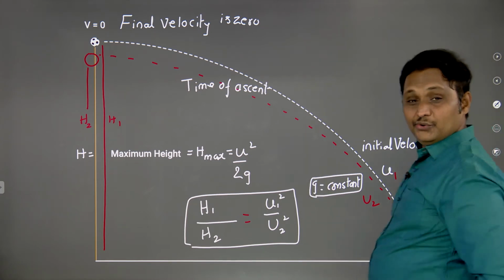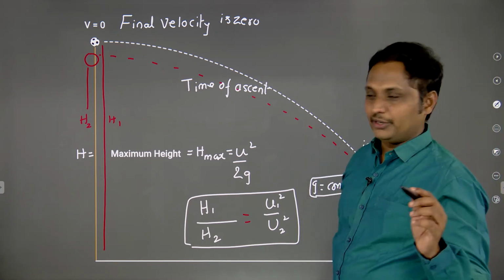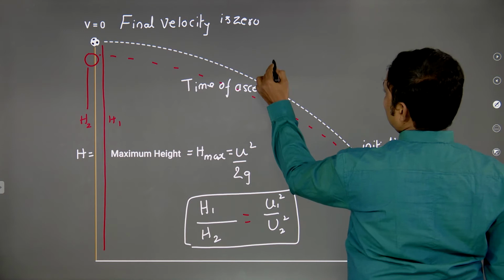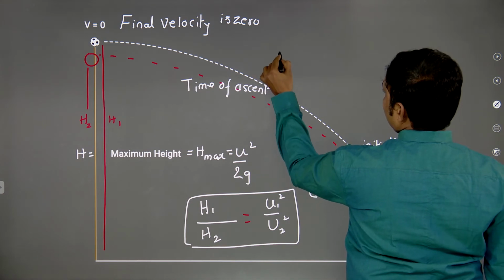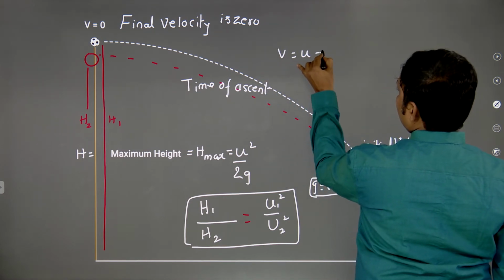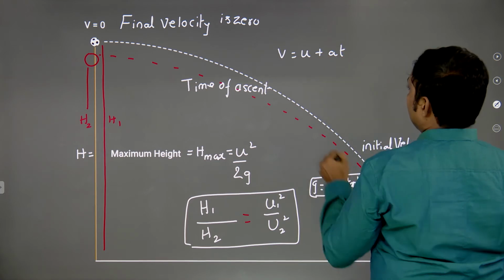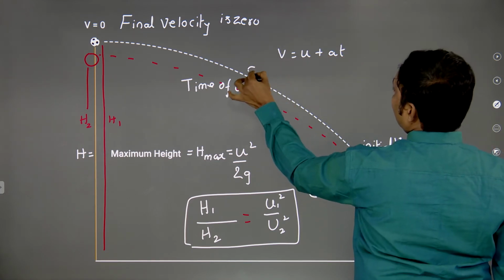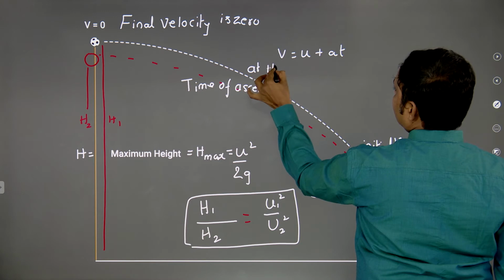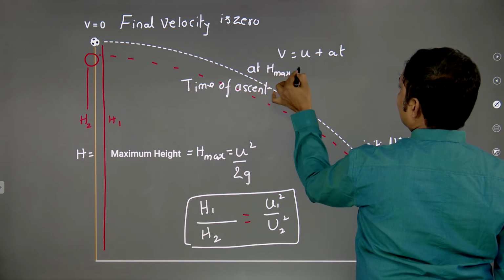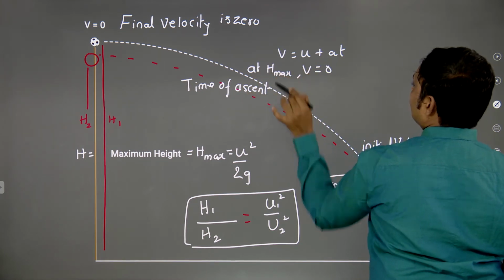How will you find out the time of ascent? Easily you can find that out. You know V is equal to U plus AT. So here, at H maximum, V is equal to 0.